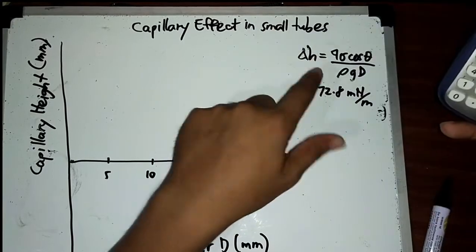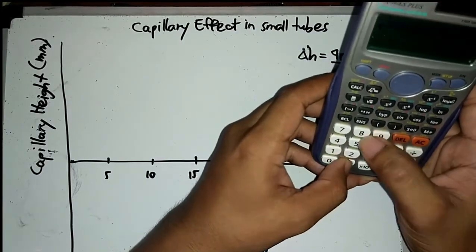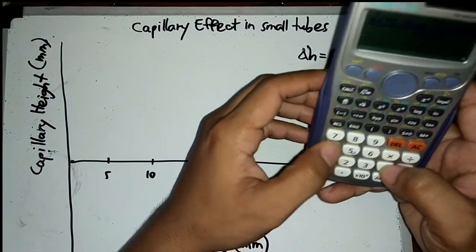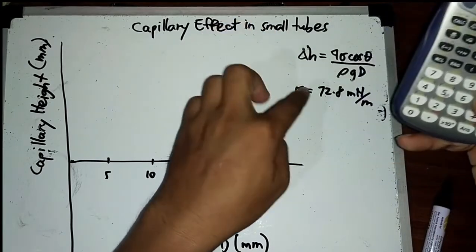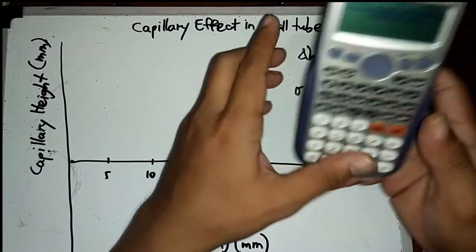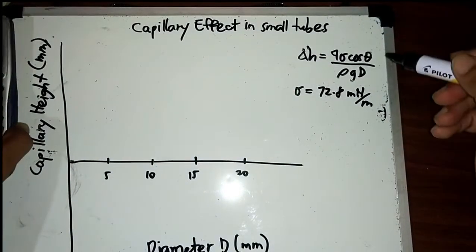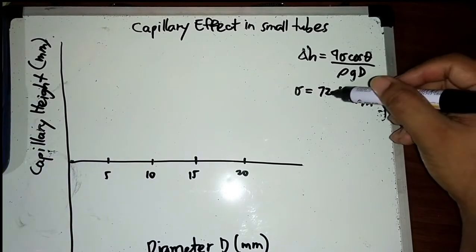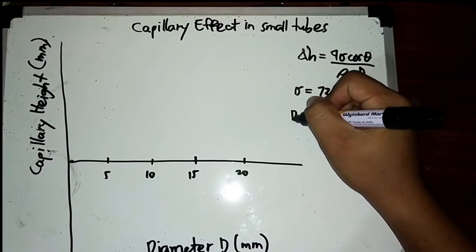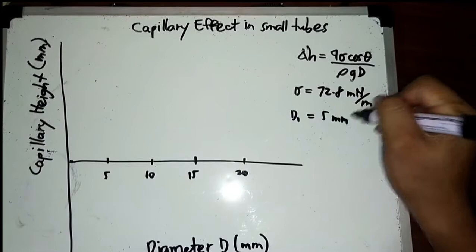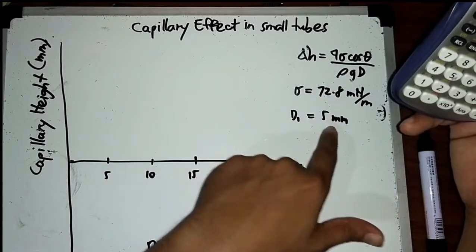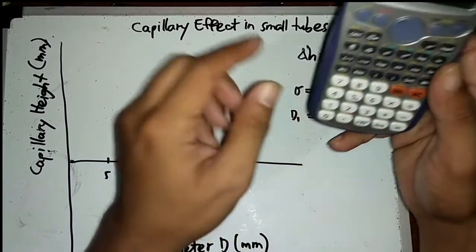Then we have the density rho, which is 1000 kilogram per cubic meter, times the gravitational acceleration 9.81 meter per second squared, multiplied by the diameter. We will assume first a diameter of 5 mm, so D1 is 5 mm, which is 5 times 10 to the negative 3 after converting mm into meter.